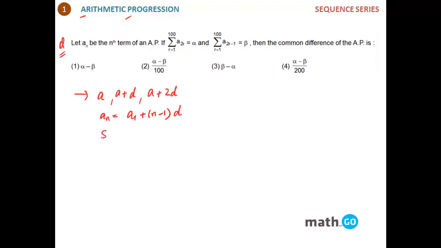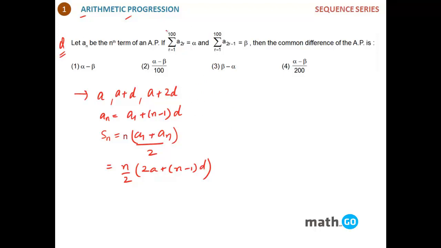This everybody knows. Sn is (a1 plus an) by 2, times n, or we can say this is also equal to n by 2 times (2a plus (n minus 1)d). All right, so just going through the basics, but let's see how we'll apply all this in this particular frame of question.